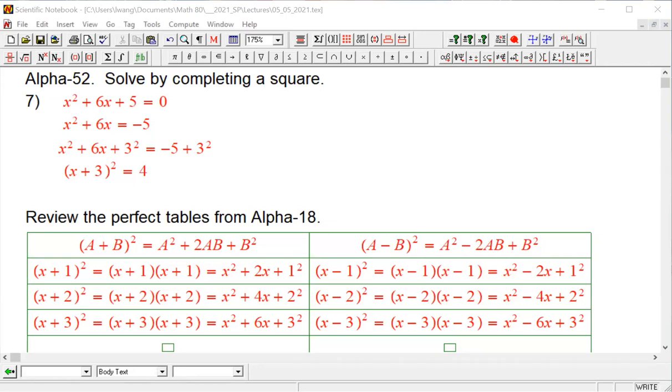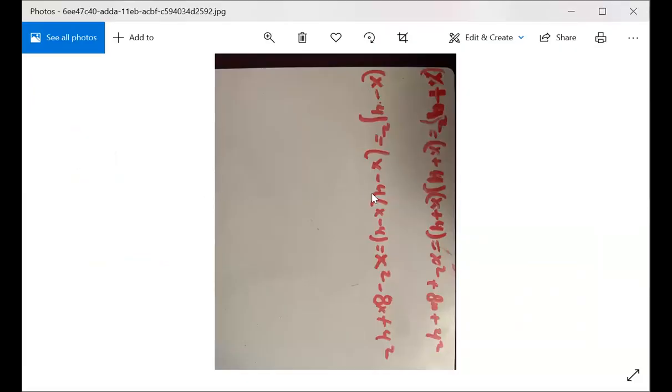I'm going to share that with you guys. What you shared is x plus 4 squared is x plus 4 times x plus 4, which is x squared plus 8x plus 4 squared. x minus 4 squared is x minus 4 times x minus 4. Very good job.